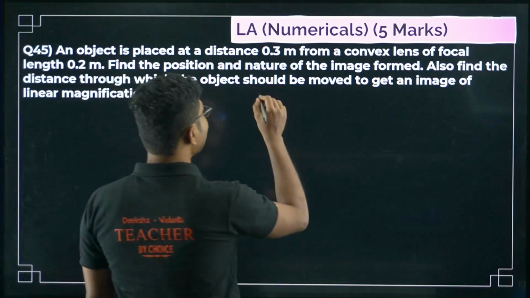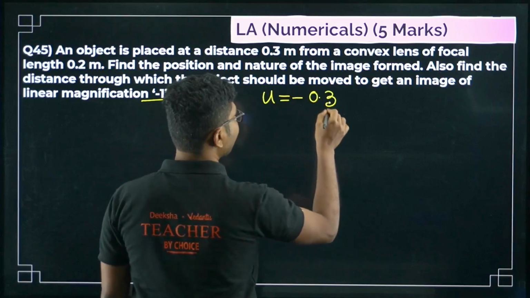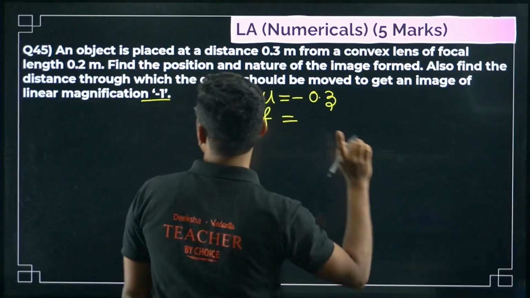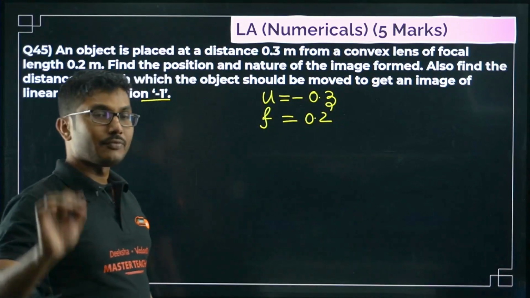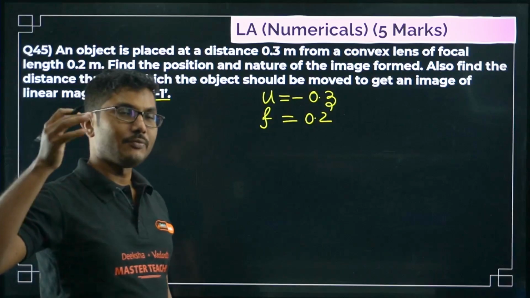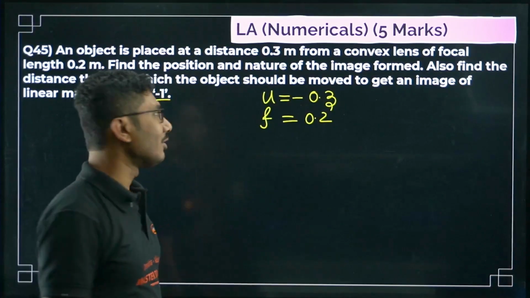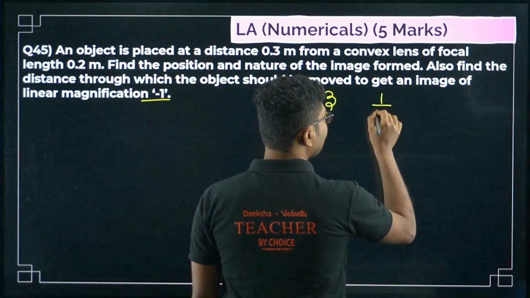So in this case object distance is given. Object distance is always negative. Focal length is given. Focal length for convex is always positive. Convex lens, convex mirror, focal length is positive. Object distance for any lens, any mirror is always negative. So now what is the equation?